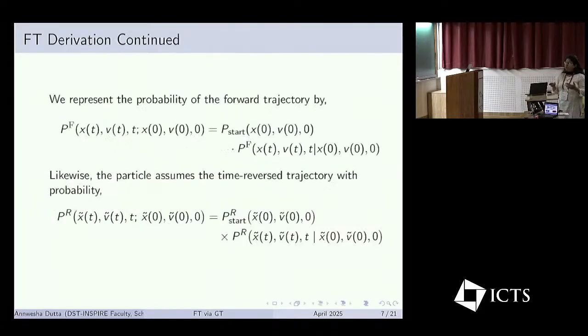We first define the probability of the forward trajectory, which is given by the probability density of the starting position times the conditional probability, and accordingly the total probability density for the reverse trajectory can also be written in a similar fashion.